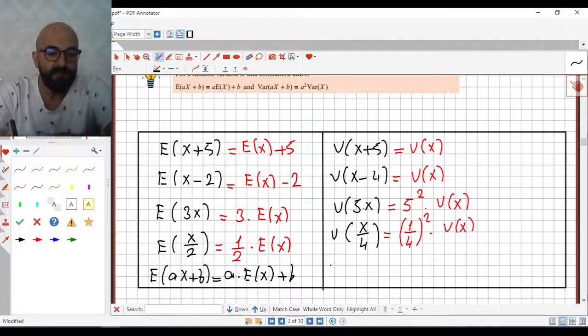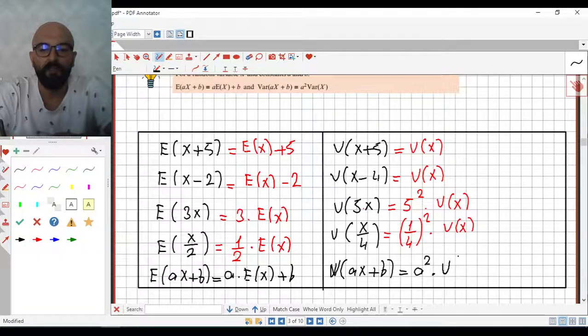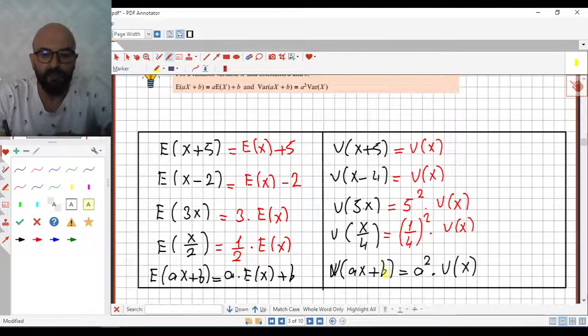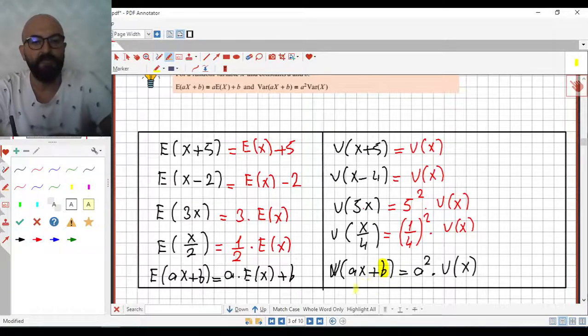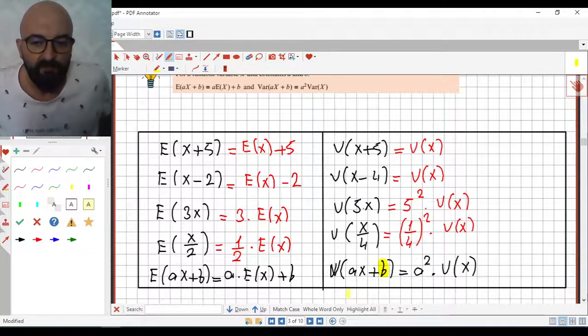The variance of aX plus b means a squared times the variance of X. b doesn't change the variance.